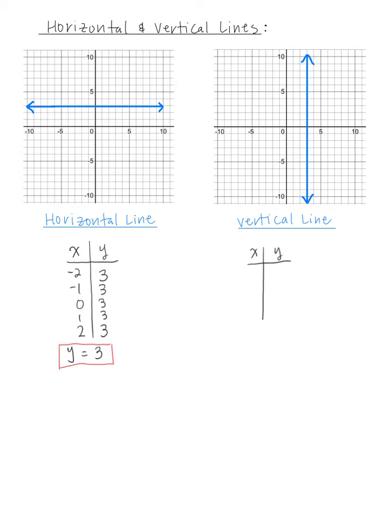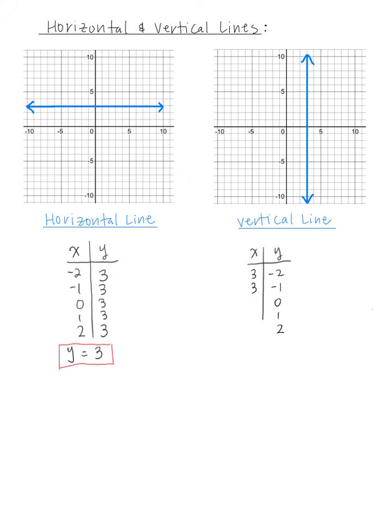So look at it this way. When y equals -2, what's the x value? Well, 3. When y is 0, what's the x value? 3. So no matter what the y values are, your x value is always going to be the same.